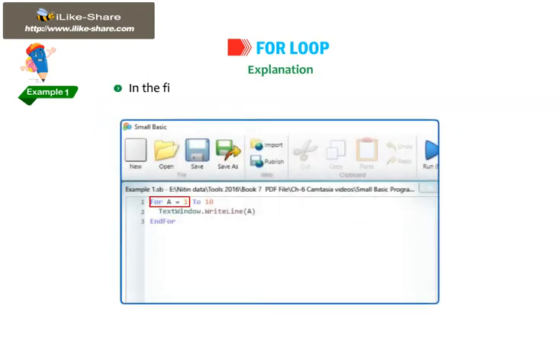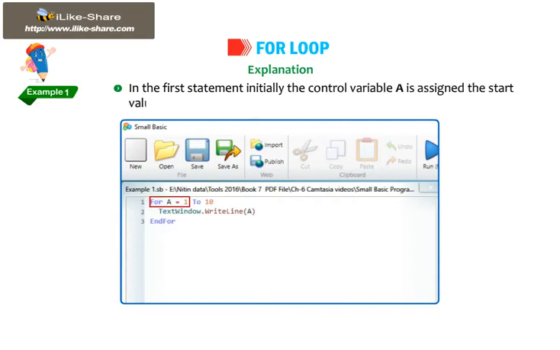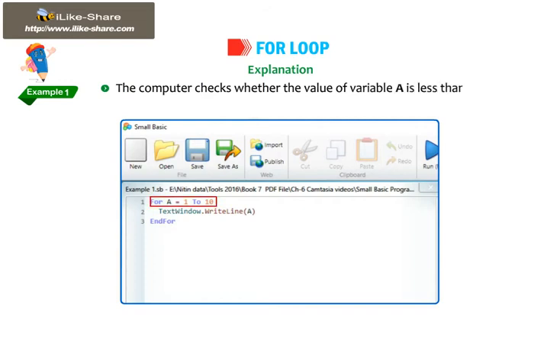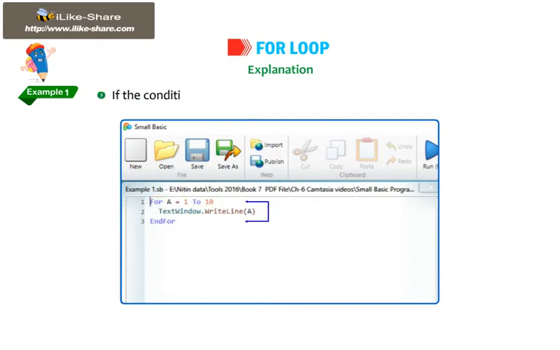For explanation: in the first statement, initially the control variable a is assigned the start value 1. It keeps track of the number of iterations. The computer checks whether the value of variable a is less than or equal to the end value 10. If the condition is true, the statements between For and EndFor get executed.